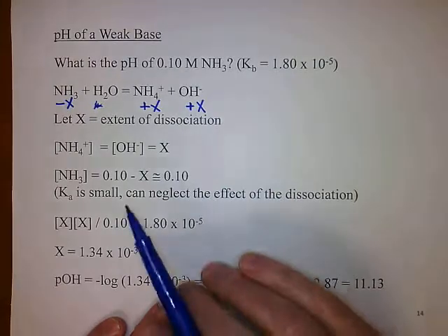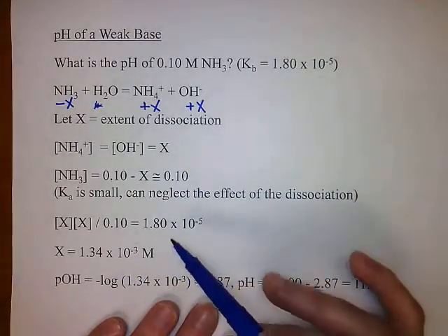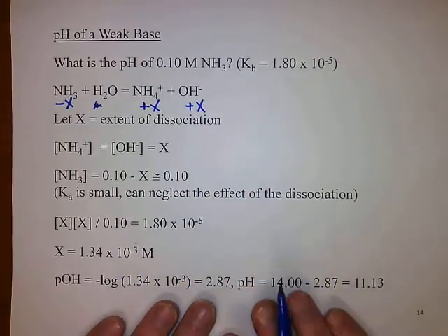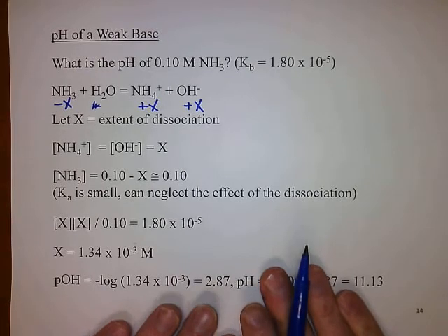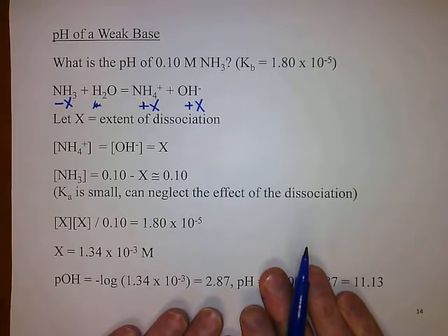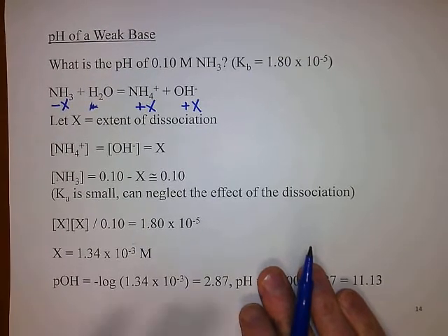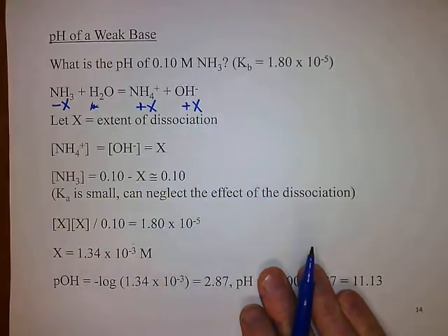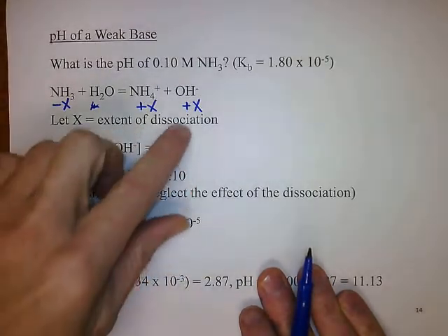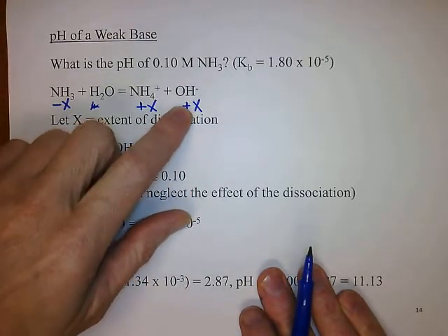So we come down here and you take the negative log of that and you get 2.87, except that's not the answer. And you say, why not? Because in this case, we're now doing a base problem, and X represents hydroxide.